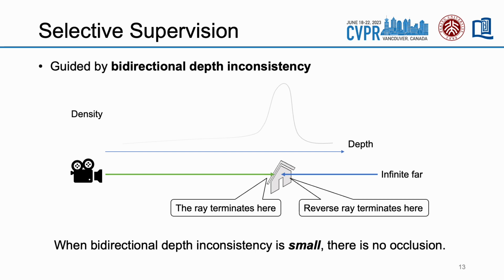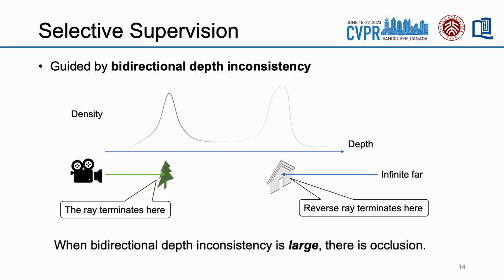Note that ray termination means that the points behind the depth do not contribute to the rendered color of the ray. The inconsistency between the two ray termination depths, or bidirectional depth inconsistency, reflects the presence of occlusion. When bidirectional depth inconsistency is small, there is no occlusion. And when bidirectional depth inconsistency is large, there is occlusion.